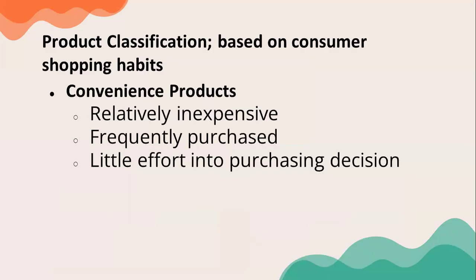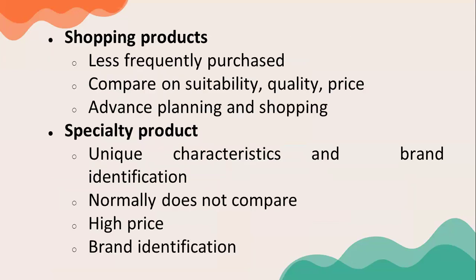And then we learn product classification based on consumer shopping habits, right? We have convenience products, the usual, frequently purchased products; then shopping products, less frequently purchased, where you compare the product price, quality and all. And the specialty product, you don't compare, you purchase because of the brand identity.